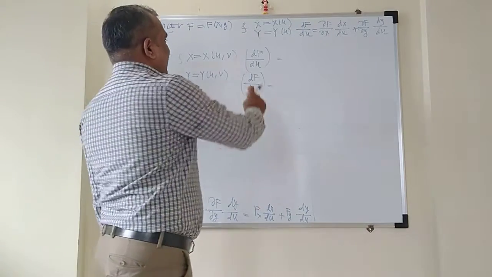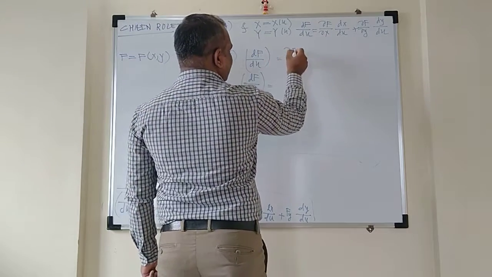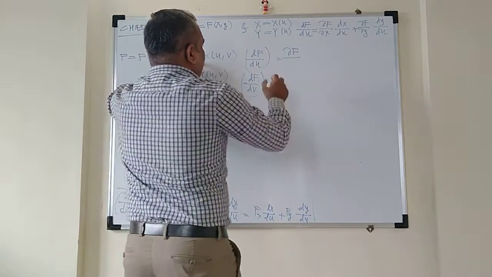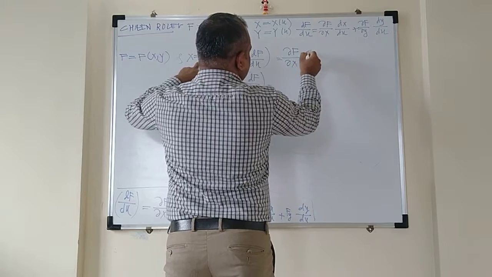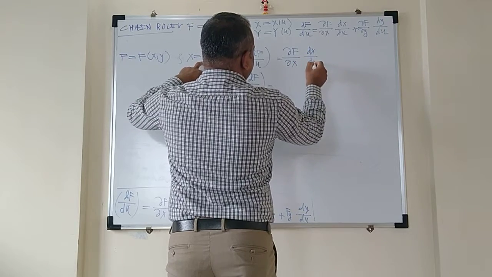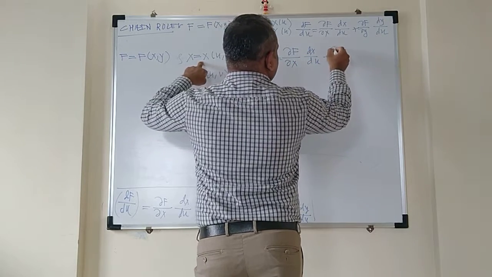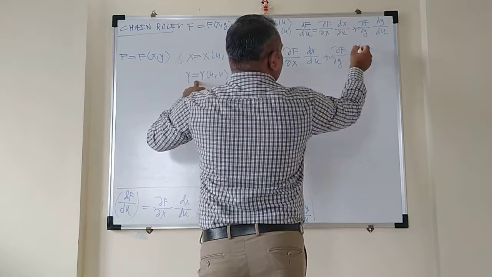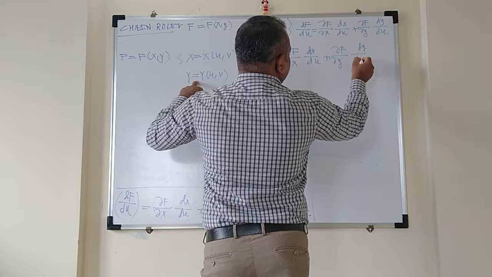You can write this as the partial differentiation of the function with respect to the first variable, dou f by dou x into dx by du, plus dou f by dou y with respect to the second variable into dy by du.